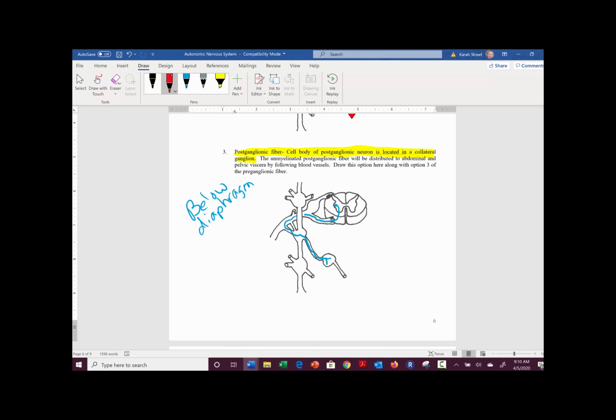In the collateral ganglion is where we would find our postganglionic neuronal cell body, and the postganglionic fiber would be targeting involuntary effectors in your gut, like trying to reduce gut motility. It would be targeting sphincters and smooth muscle lining your intestines and reducing the muscle tone in the smooth muscle of your intestines. If it's targeting a sphincter, it would increase the muscle tone to close off that body orifice.